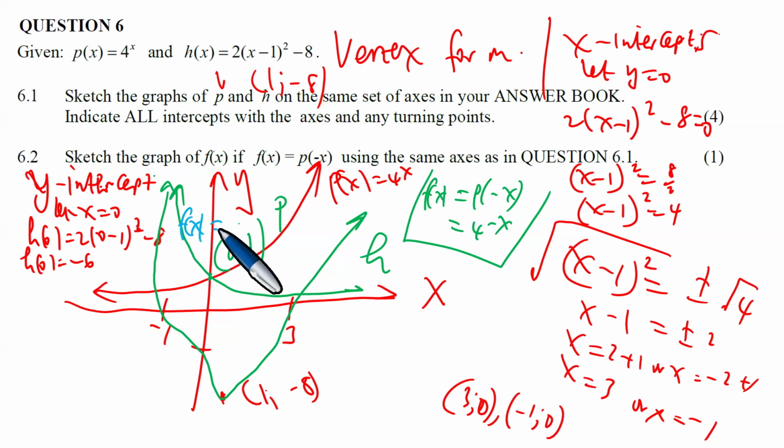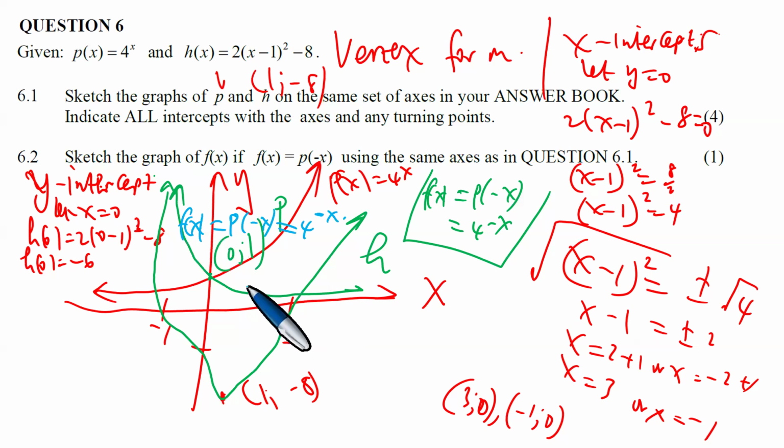Okay. Bye, my dear. So f of x equals p of minus x here, and p of minus x is 4 to the minus x, like this. That's what we have. That's 4 to the minus x, just like that.